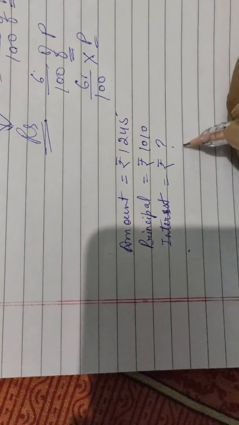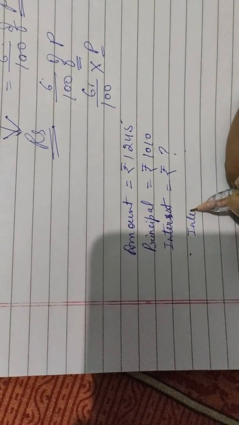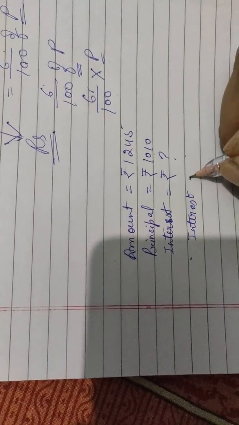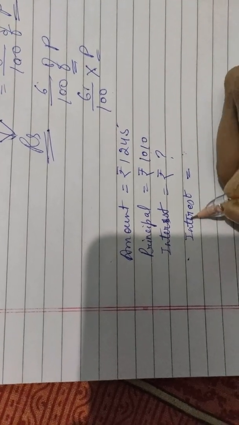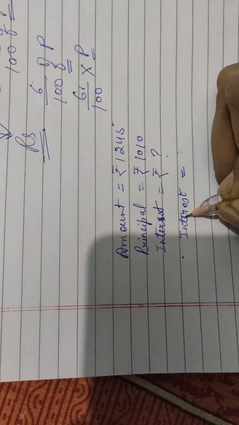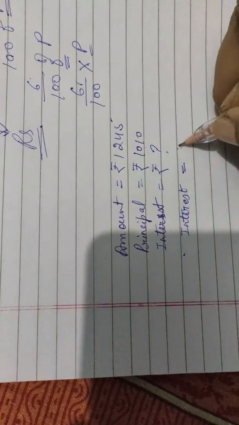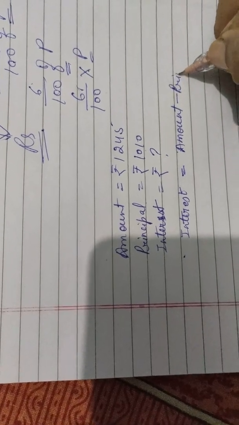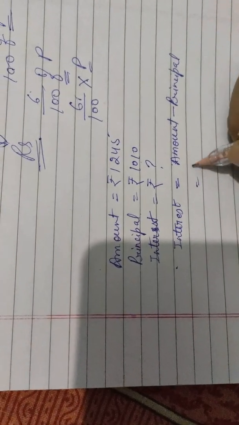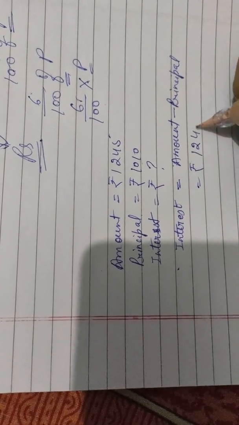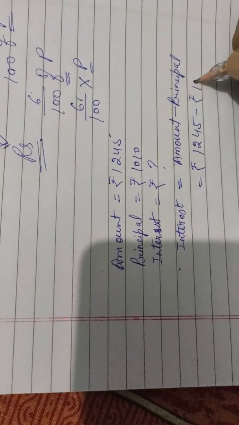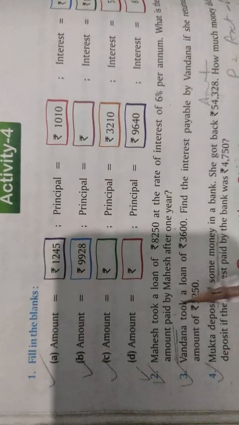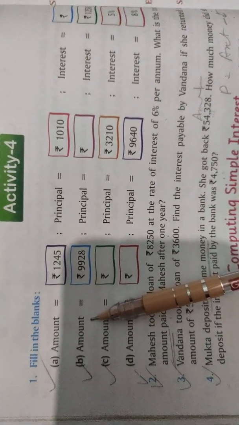Then you will write here the formula: interest equal to amount minus principal, because interest you are going to calculate. So amount minus principal means rupees 1245 minus rupees 1010. Calculate and you will get the answer. B number question will be done in the same way.